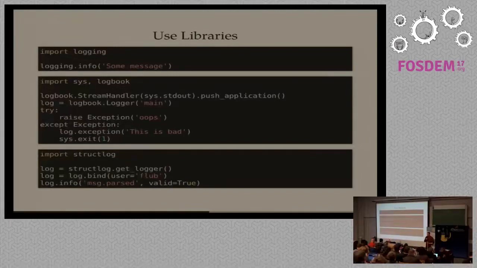Otherwise, if you just let Python bubble it out, the normal Python handler will print it on standard out again, and it goes back as a bunch of unrelated records. The last one, structlog, I think is very nice, especially if you're aggregating lots of things, because it allows you to put a lot more machine-parsable data in. It's a nice wrapper around things as well.